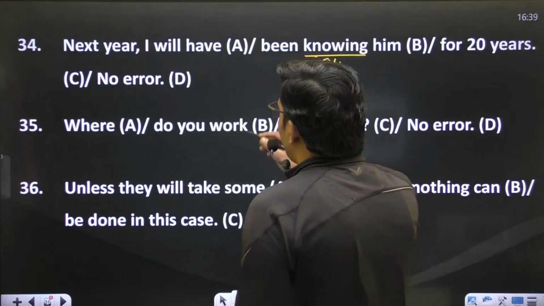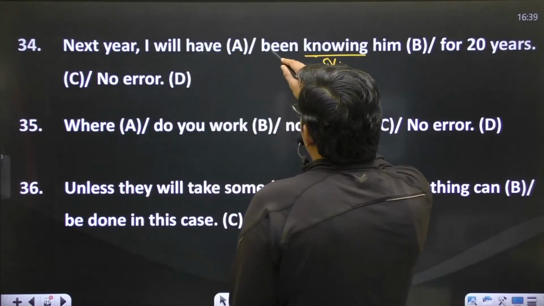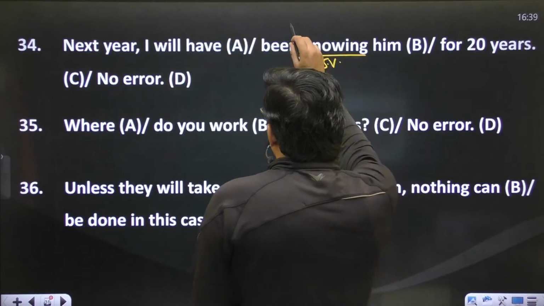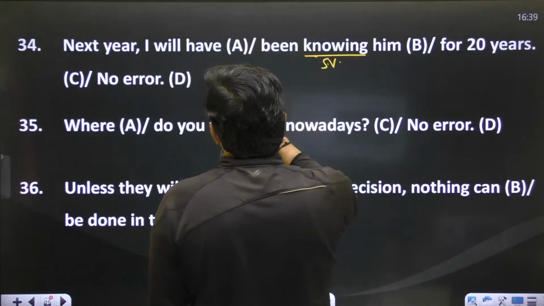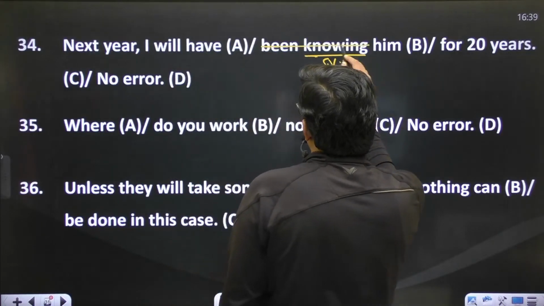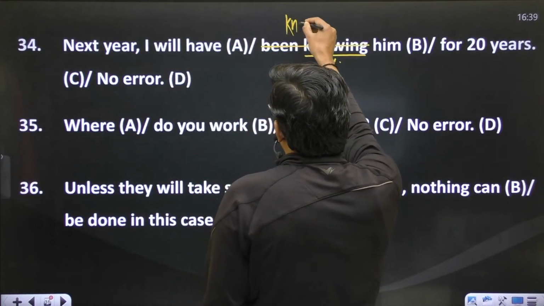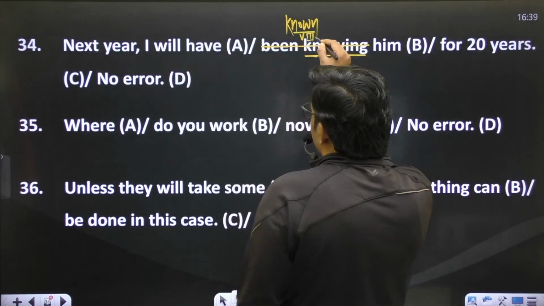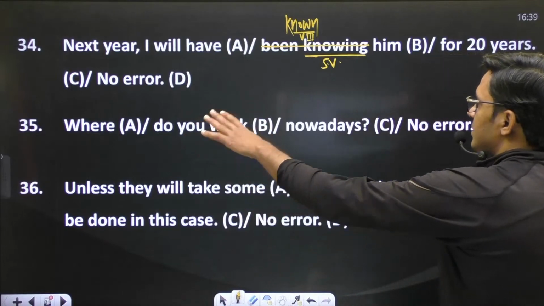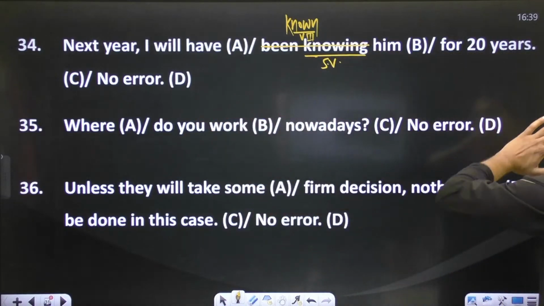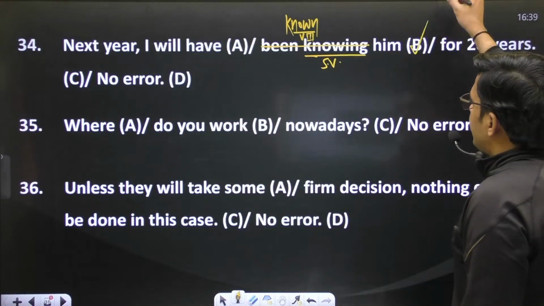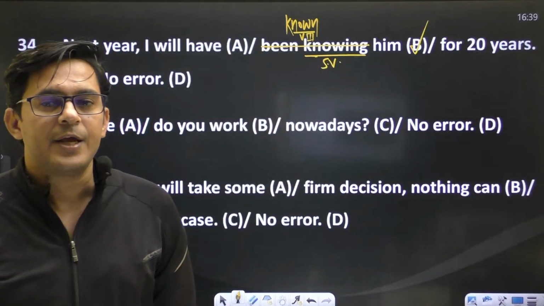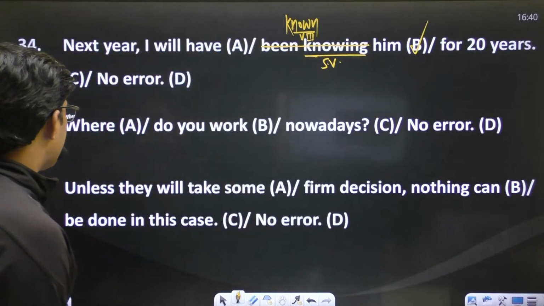Instead of will have been knowing, in place of present perfect continuous tense we demand future perfect tense, so just say will have known. The sentence is: next year I will have known him for 20 years, and the error is in part A. Are you getting everything? Move to the next one.